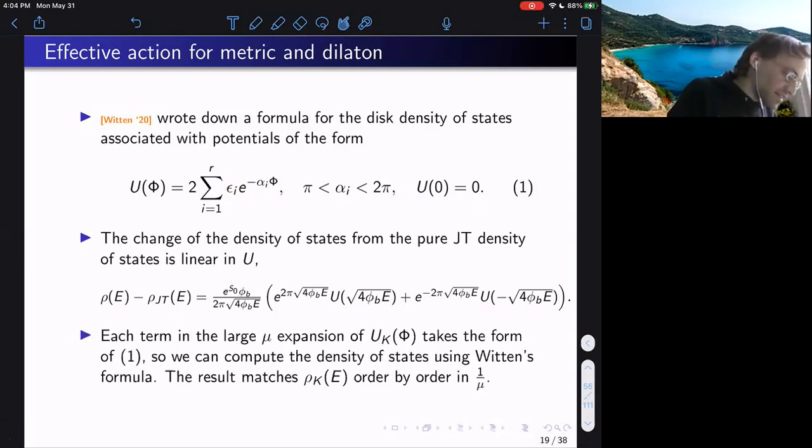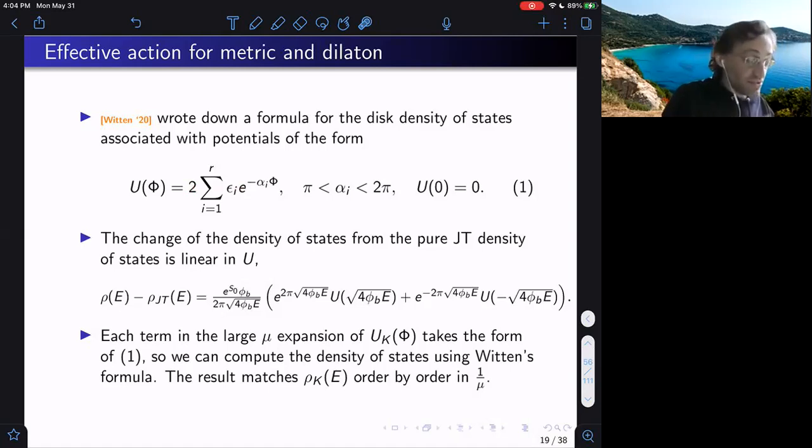So basically, each term in the large mu expansion I showed on the previous slide takes the form that Witten considered for limiting values of the parameters. You have to take derivatives with respect to alpha and set alpha equal to 2 pi. But basically, I just claim that each term in the large mu expansion takes the form of what Witten considered, and so I can just compute the density of states using his formula.